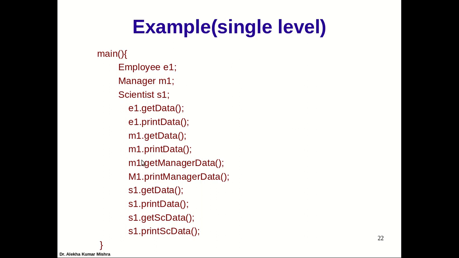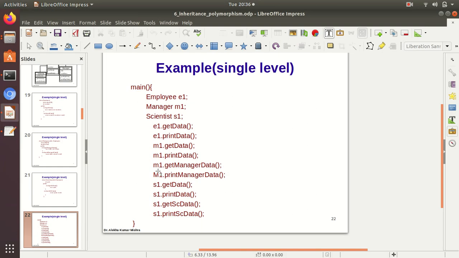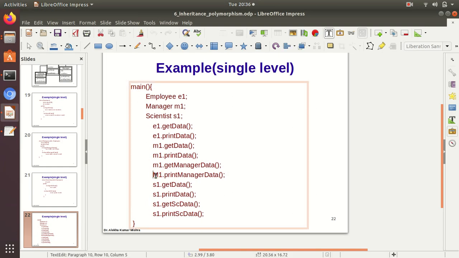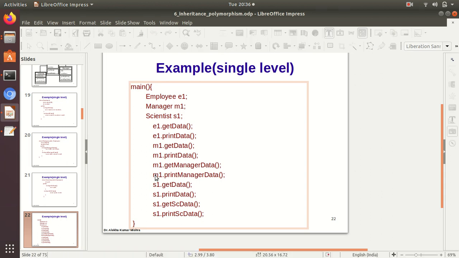Now to input the manager data and print it, we will use the manager function, which is defined inside the manager. Oh, there is a mistake here. This should be small m. All right.